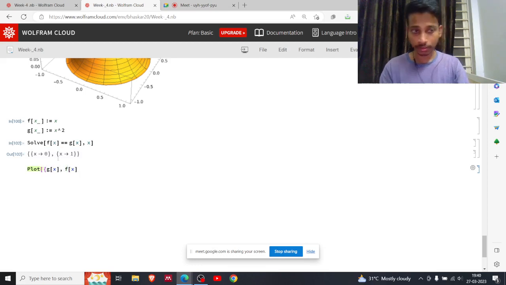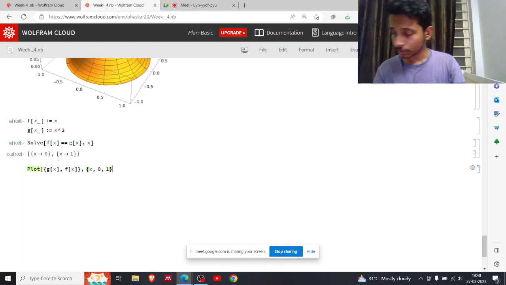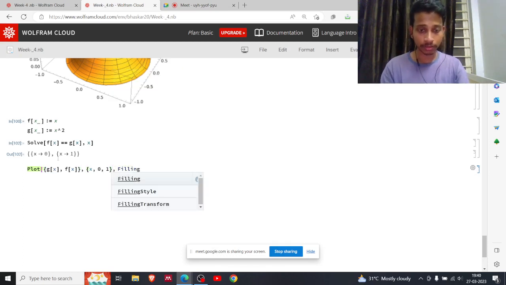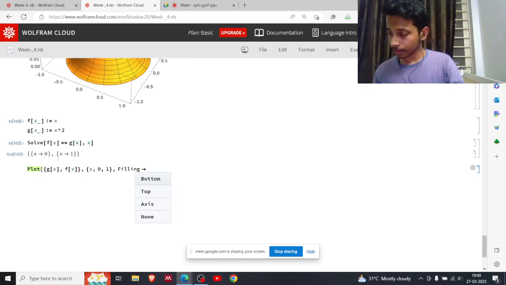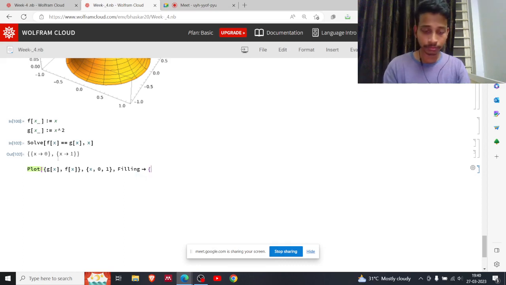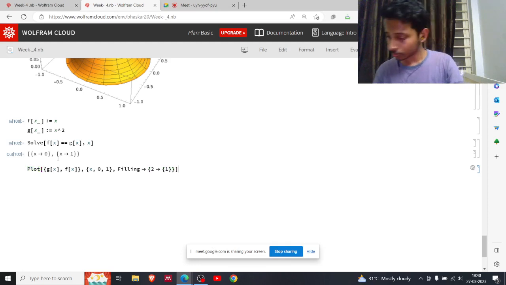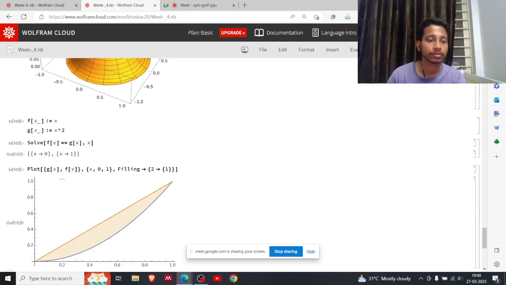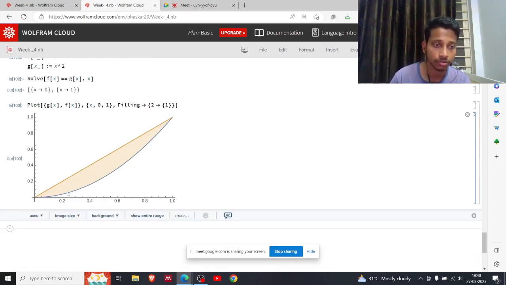Okay, so this is the area between these two curves f(x) and g(x).